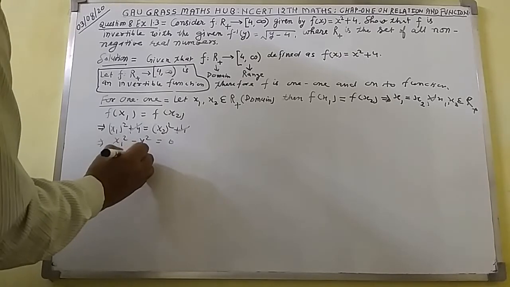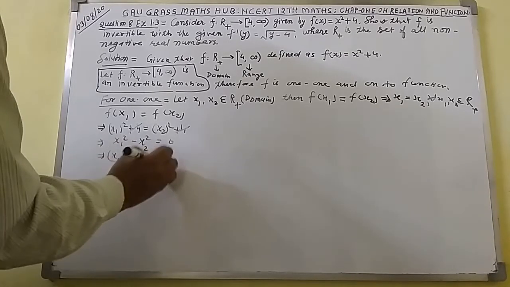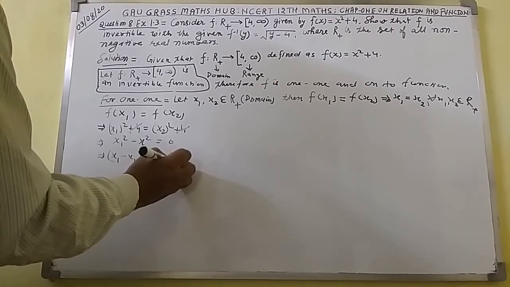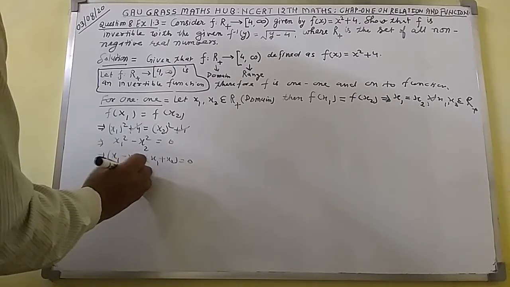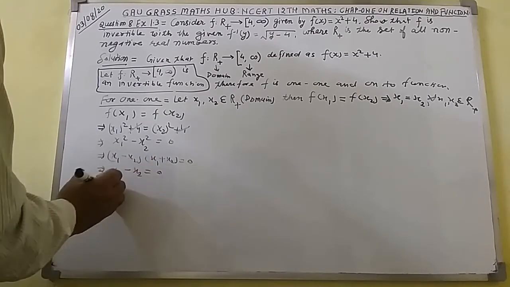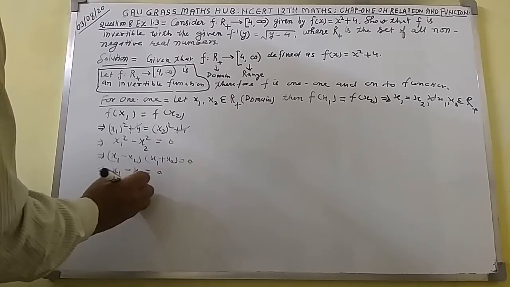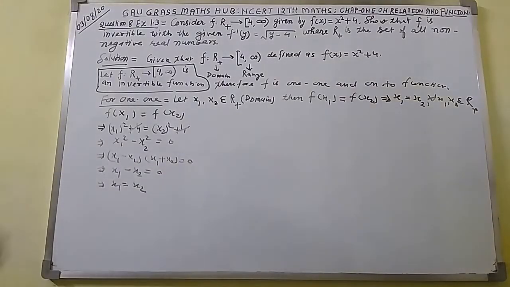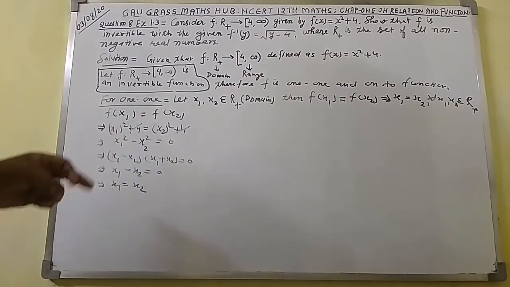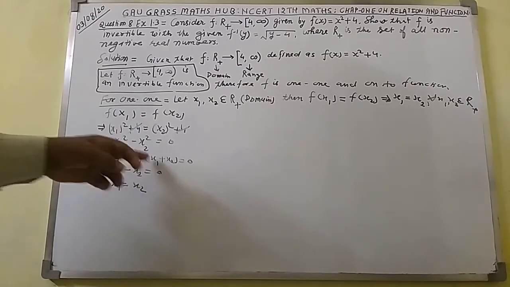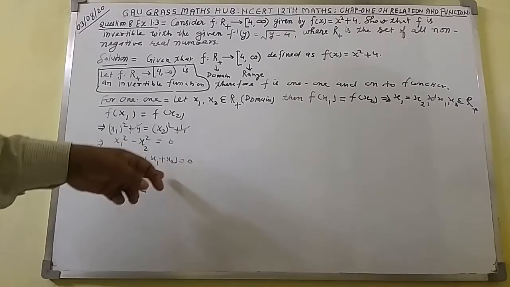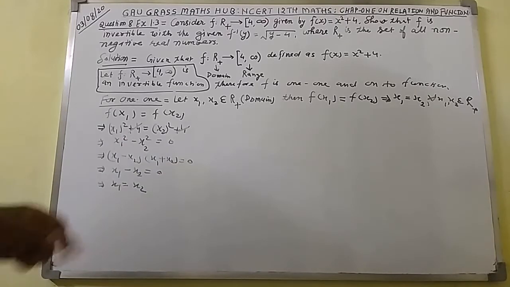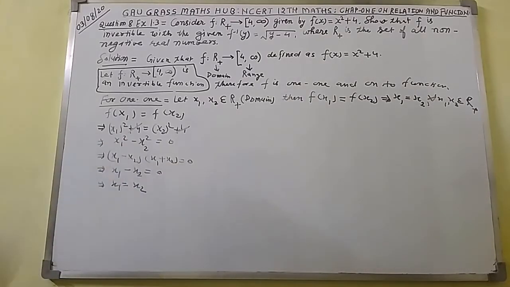In one bracket we get (x1 − x2), in another bracket (x1 + x2), equal to 0. Now x1 − x2 = 0 implies that x1 = x2. This is a² − b², which becomes (a − b)(a + b). The factor x1 + x2 is positive, so x1 − x2 = 0, and here you will get x1 = x2.